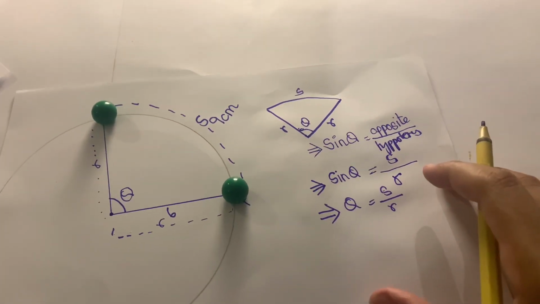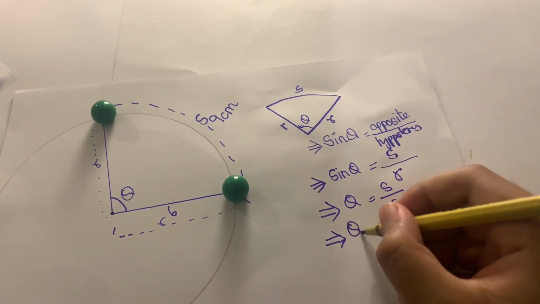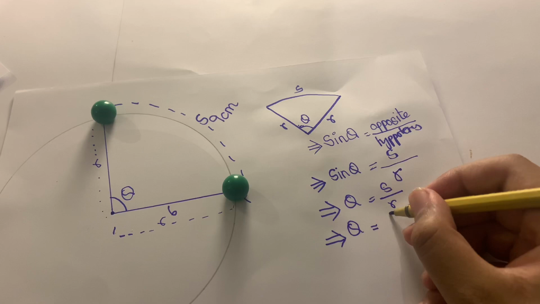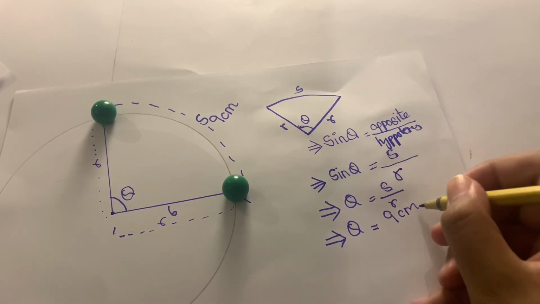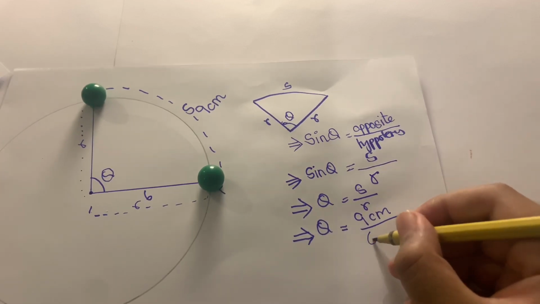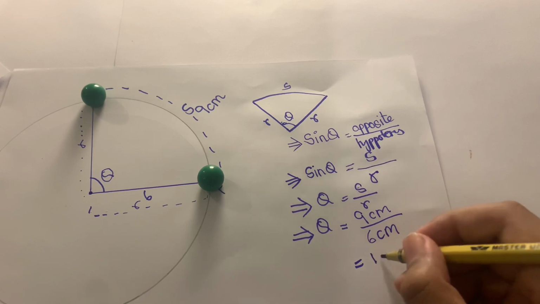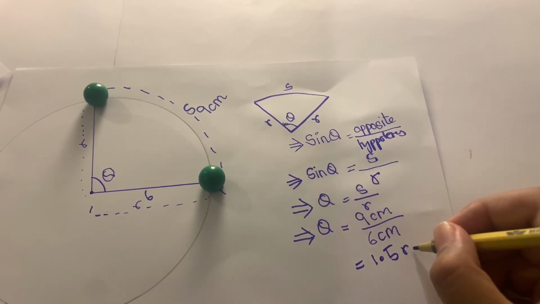To find the angular displacement, we write theta equals 9 centimeters over 6 centimeters, and we get 1.5, and that will be in radians.